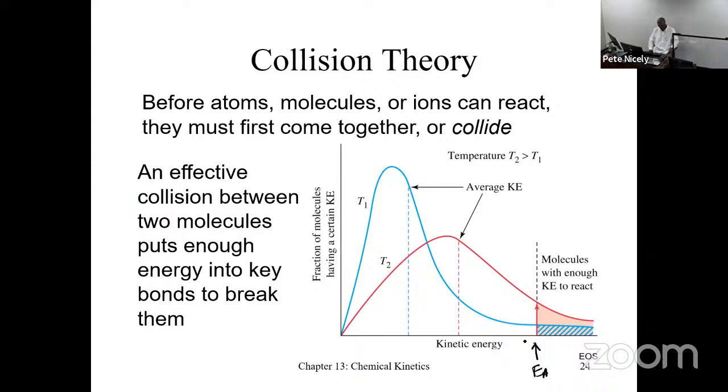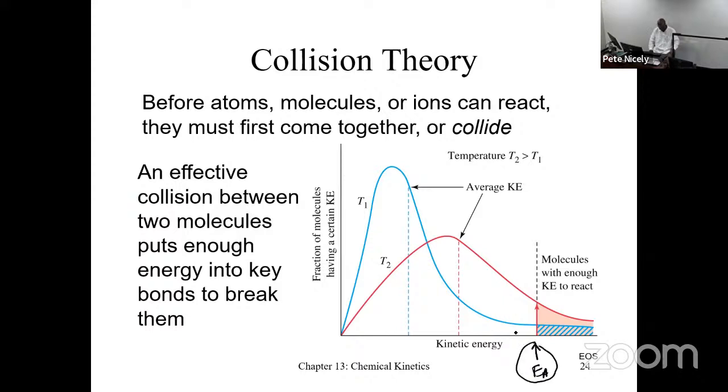Then at the lower temperature, to determine the number of molecules that would have at least this energy, you'd have to find the area under the particular plot. In the case of the lower temperature, this would be the shaded area right here, and therefore that represents the number of molecules that have at least the activation energy at temperature T1.